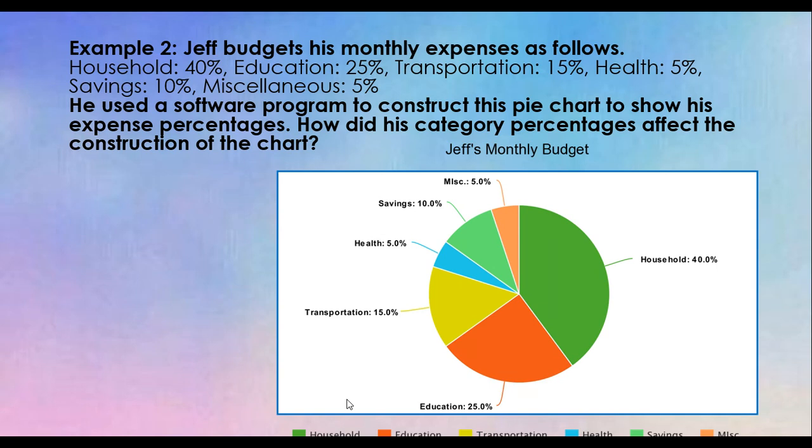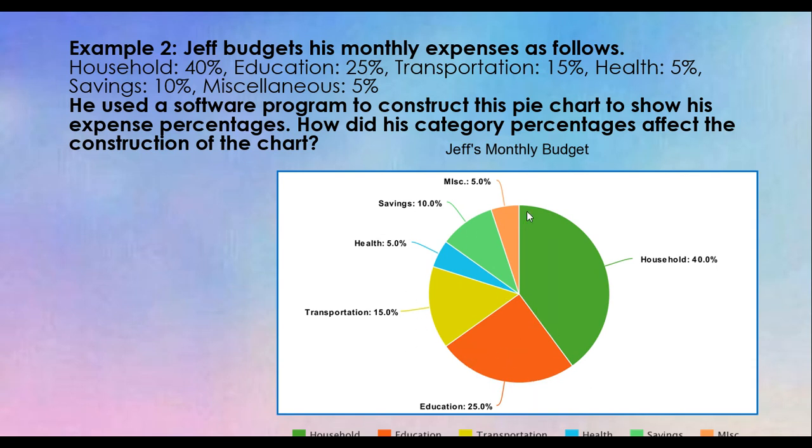Well, so obviously pie charts are completely related to percentages and they have to be proportional to those percentages, right? Household expense is 40%. That's the largest percent of all of them. Obviously, the largest percent has to have the largest piece of the pie, right? And then education is the second largest. So that's 25% or a quarter of the pie.